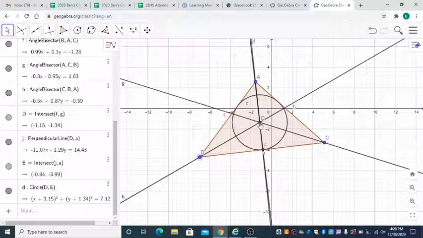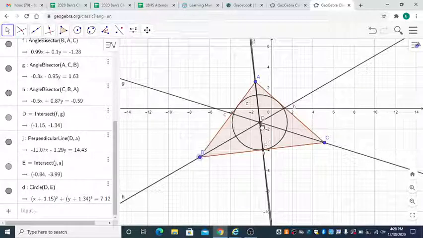So the incenter, I-N-C-E-N-T-E-R, is where the angle bisectors of a triangle meet. They're concurrent at that point. And what that incenter allows us to do, it's the same distance from all three sides of the triangle. So the incenter is the same distance from all three sides of the triangle.